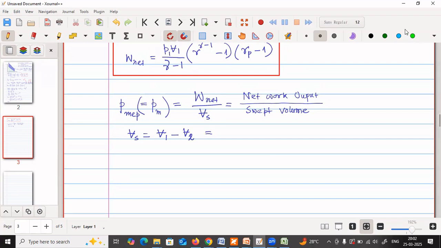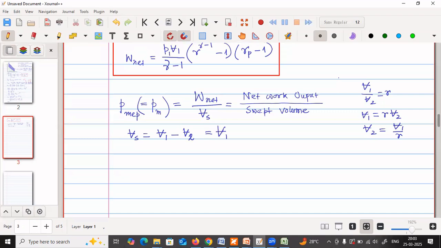Again, we know the relation between V1 and V2. V1 is equal to R into V2 because V1 by V2 is equal to compression ratio R. Therefore, V2 is equal to V1 by R, because we want to express V2 in terms of V1, the inlet condition. So all the quantities we will represent in terms of the inlet quantities.